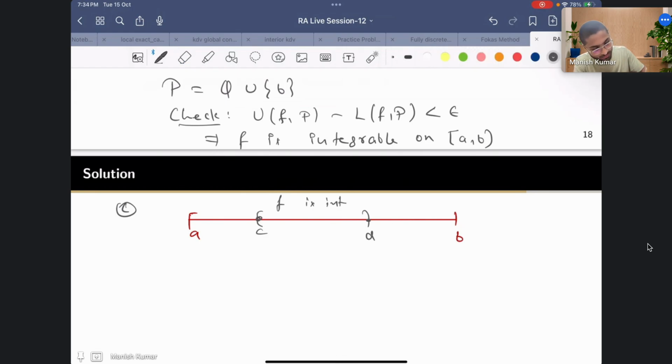Let's say this is the midpoint, (a+b)/2. Now I'll fix this point. So this is my new d, let's say. I'm just talking about this part only.